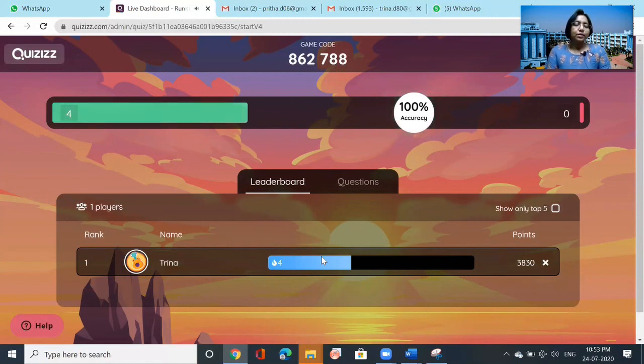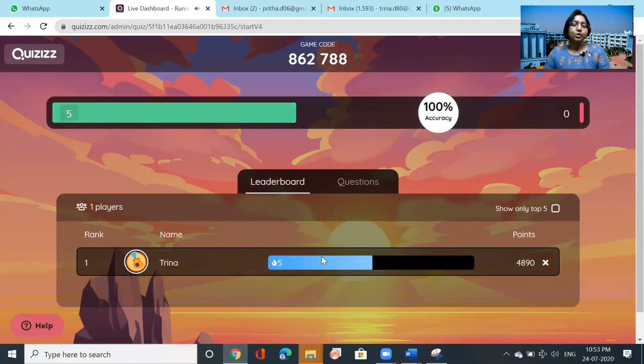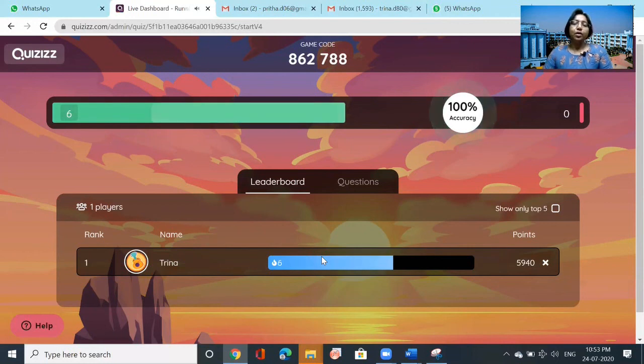The one whose score is higher, the name will be at the top, and for whom the score is lower, the name will be lower in the list. And not only that, it will declare the first, second and third prizes. So it is a quiz competition.